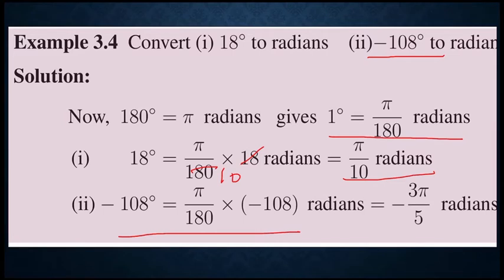We can cancel this with the 9 table, isn't it? 2 9s are 18, 0. Here, 1 9 is 9, 2 9s are 18. Now, we can cancel this with the 4 table. 3 4s are 12, 5 4s are 20. So, it is minus 3 by 5 pi radians.